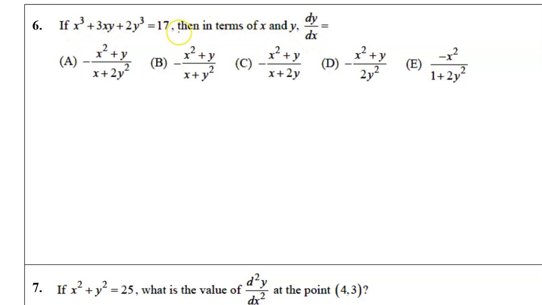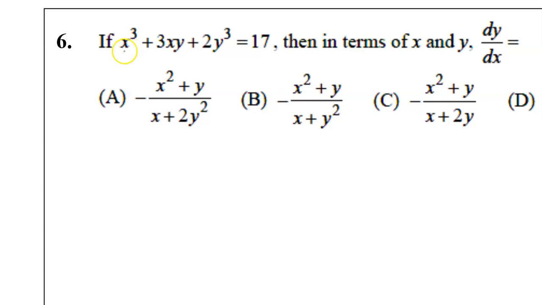So this is an implicit differentiation problem. So we will just take the derivative of each term with respect to x. The derivative of x to the third power is 3x squared. The next term, we are going to use the product rule. We have 3x and then we have y.